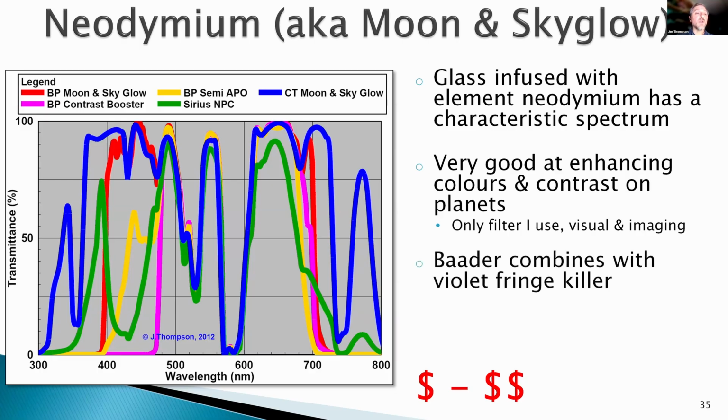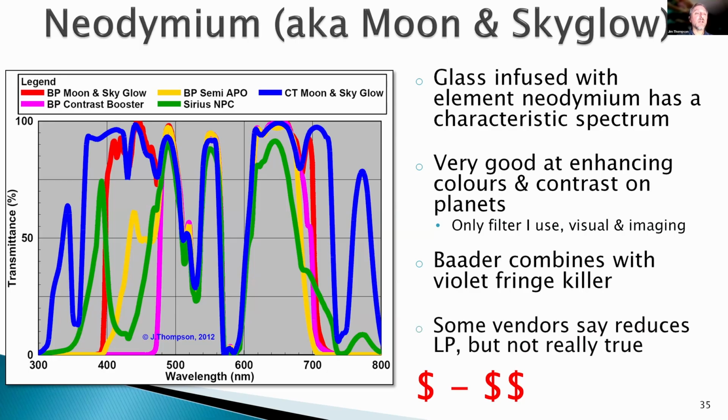Some have additional blocking in the violet-blue end of the spectrum to improve the performance of achromatic refractors. All in all, they are a curious family of filters that are worth having a closer look at. Note, however, that even though some manufacturers say that these filters provide light pollution reduction, the amount by which they do so is negligible.